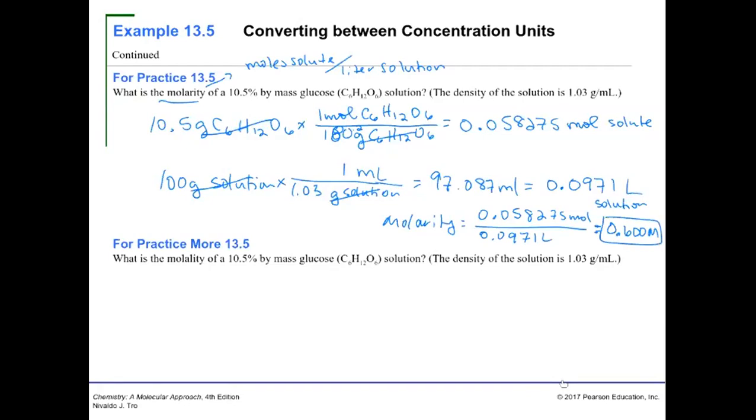So this next example looks exactly the same, but there is one letter difference, because we're looking for molality instead of molarity. So for molality, we need the moles solute, which we already calculated, divided by the kilograms of solvent of our water.